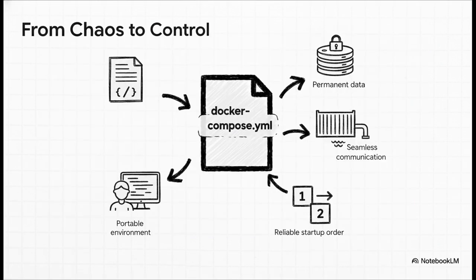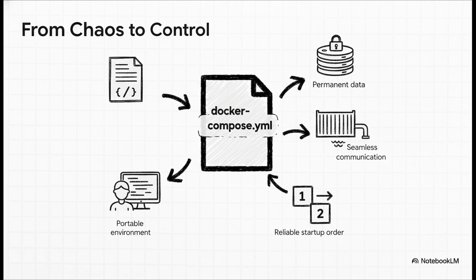And that, my friends, is the magic of Docker Compose. We literally went from total container chaos to having complete control. We've got one single file that defines everything. We've got permanent data with volumes, we've got easy communication with networks, a reliable startup order with depends_on, and probably the best part, we now have a totally portable, one-command development environment.